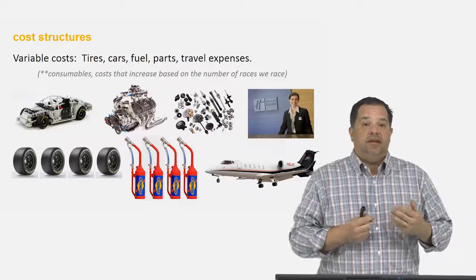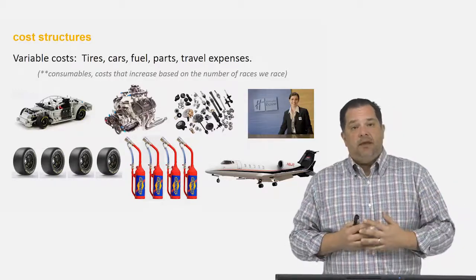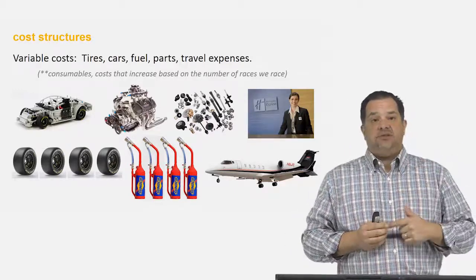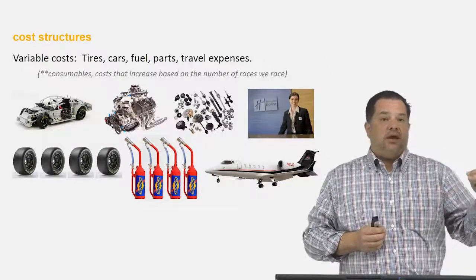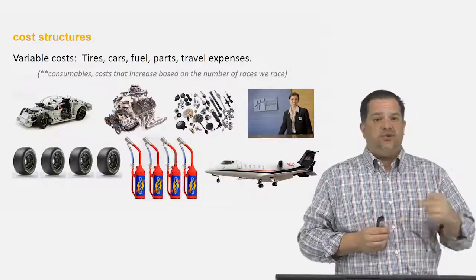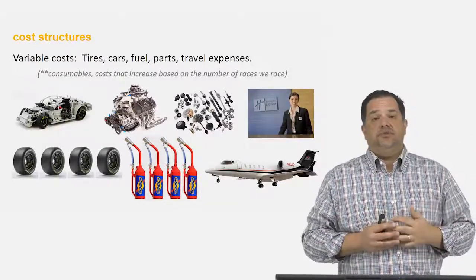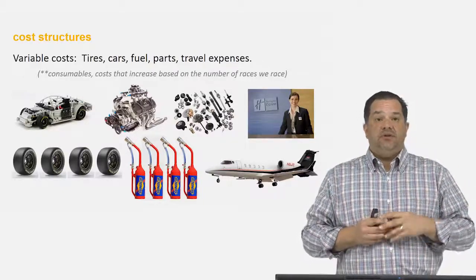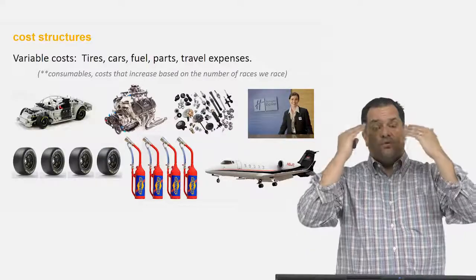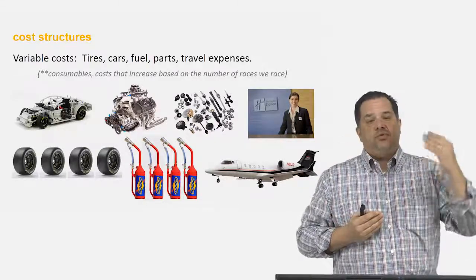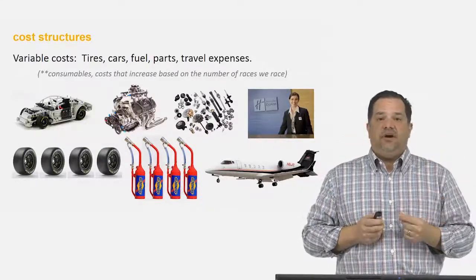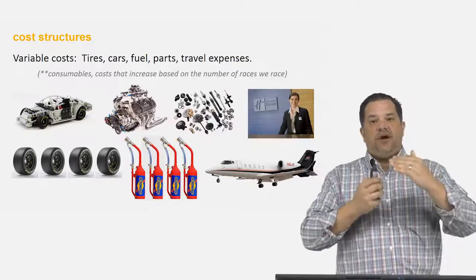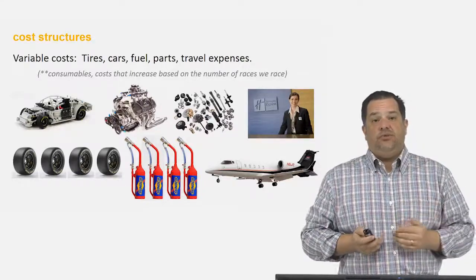So we really want to take those cost structures and break down what are the fixed costs that we have no matter what, and what are the variable costs, which are often supplies and consumables that go up and down based on how many customers we have. So there's two ways when you're trying to explore what our cost structures are. We've got fixed costs, we've got variable costs, and trying to figure out the difference between those is really, really important.